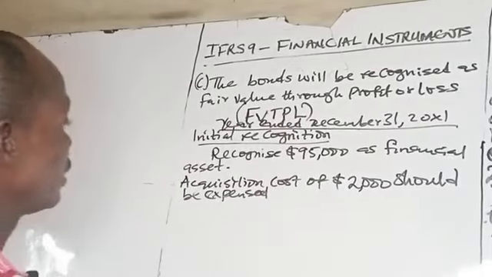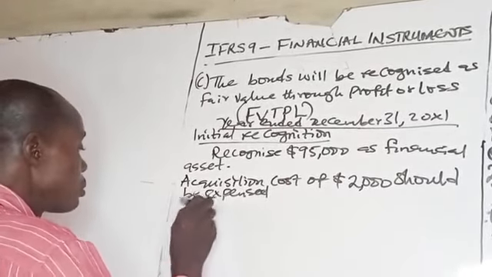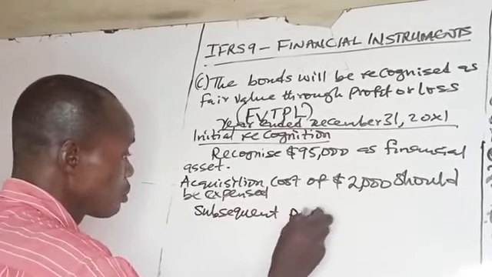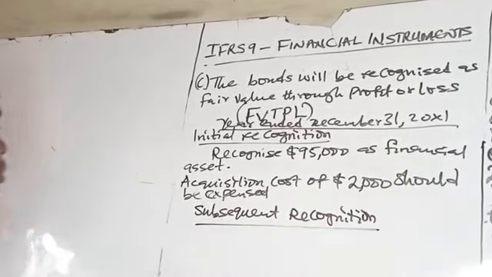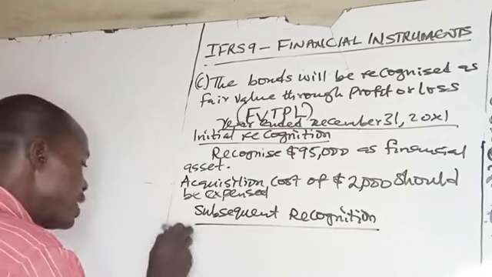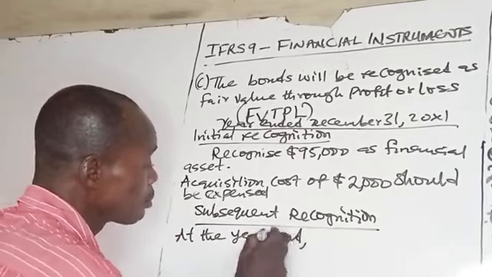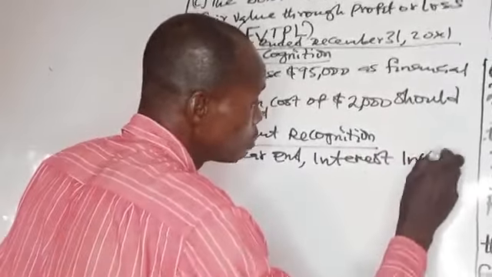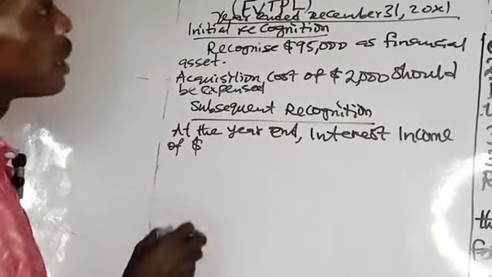At the year end, that is subsequent recognition, interest income: how much is the interest income? 5%.